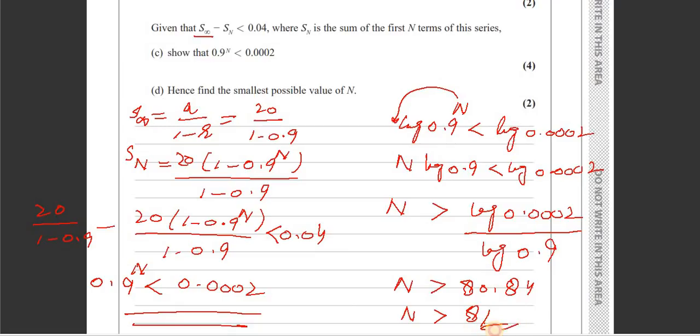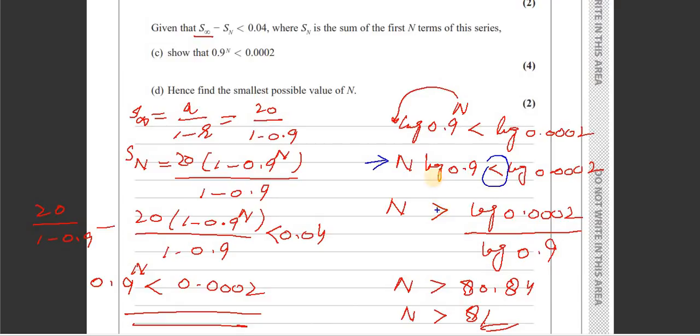This is the answer. Now in this solution, there's one important key point that I did here. If you see in this step, I had n log of 0.9 less than log of 0.0002. When I divided by log of 0.9, I flipped the sign of the inequality.